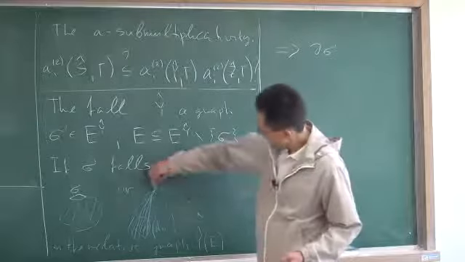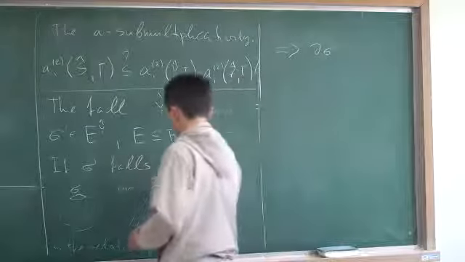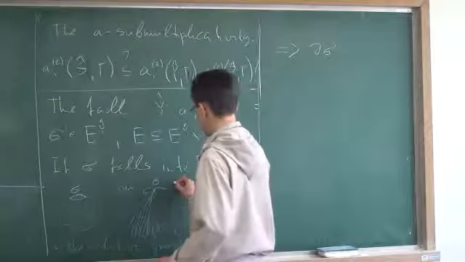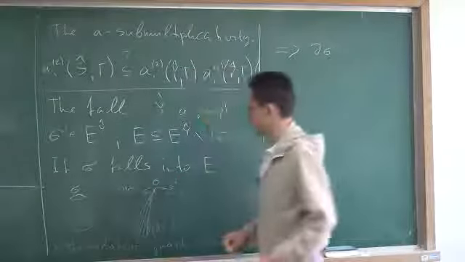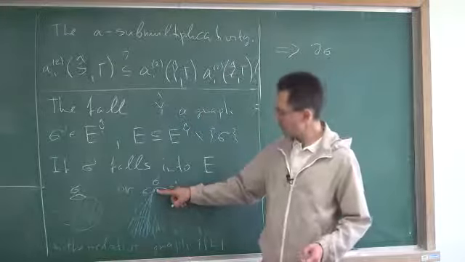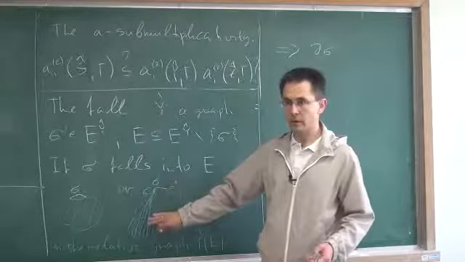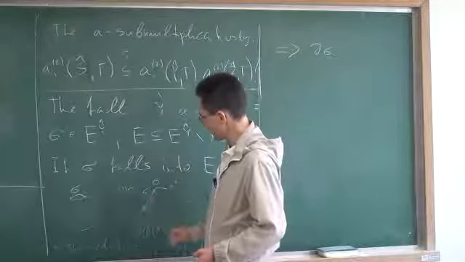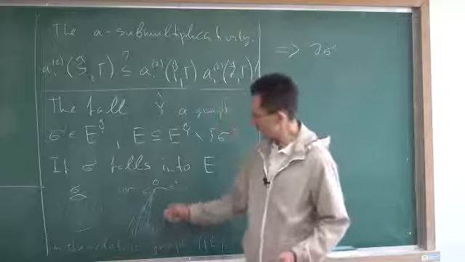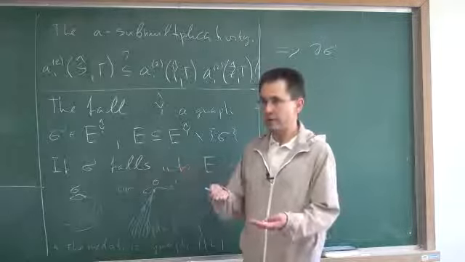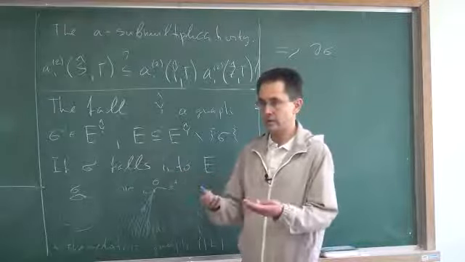Sigma minus is the initial vertex of sigma, and sigma plus is the terminal vertex. We can show that sigma minus can be approximated by boundaries of one-dimensional chains. Those chains are linear combinations of paths. You take n paths and divide by n, taking the average over those paths.